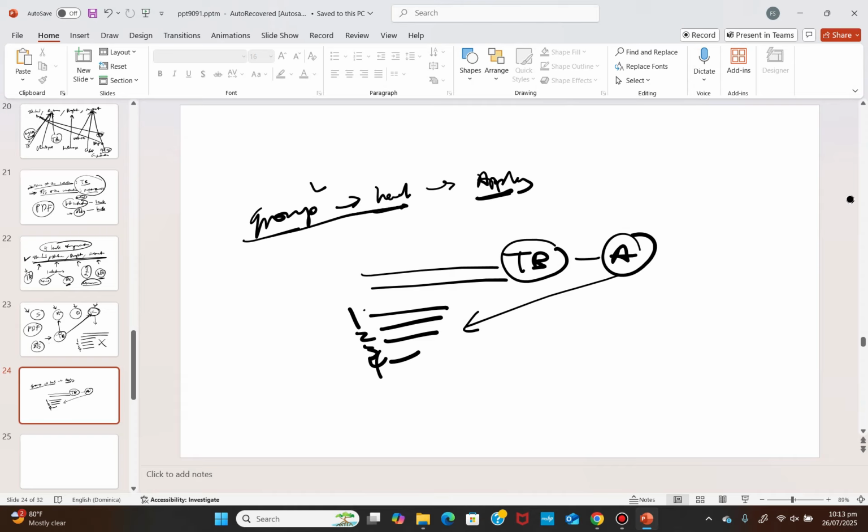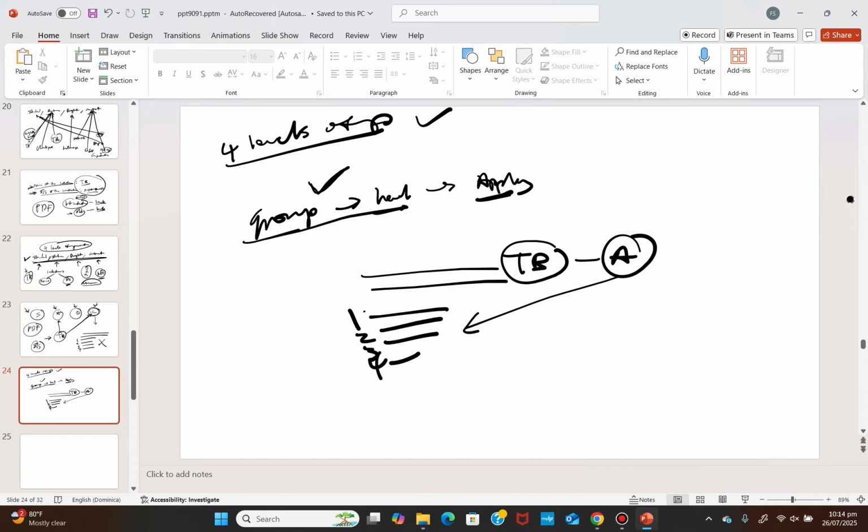So being able to group to the level is one win. One win we have currently is that we know the four levels of precaution. Let our second win be the ability to group the infection or sign and symptom to the level. Our third win will be the ability to apply the precaution.